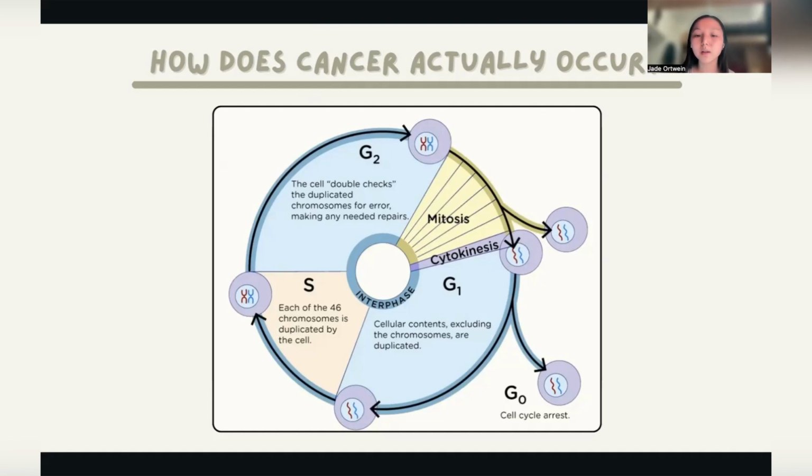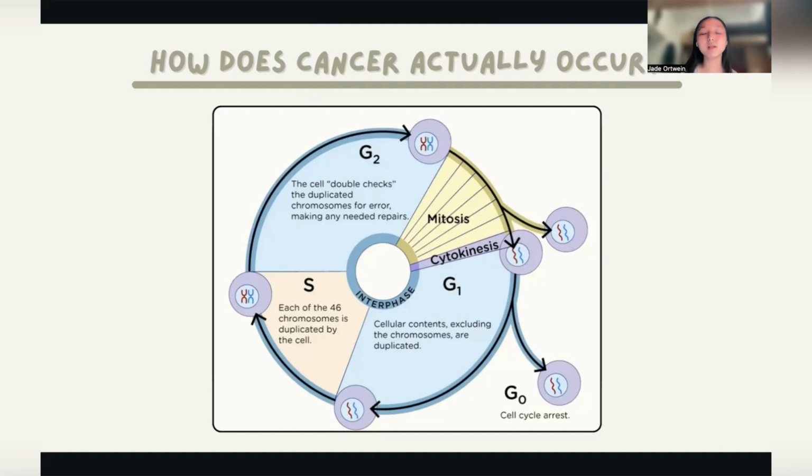It is also divided into G1, S phase, and G2 phase, and these make up a stage called interphase. Mitosis itself is the actual dividing process, and cytokinesis comes after.